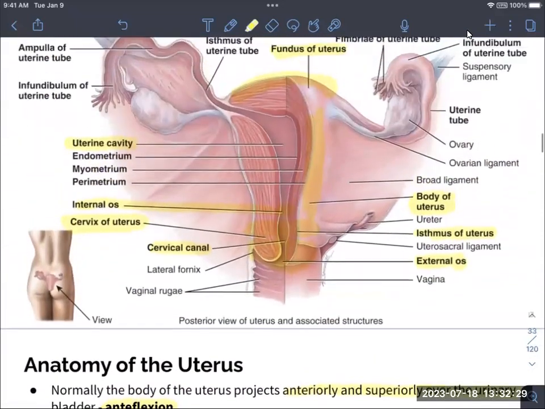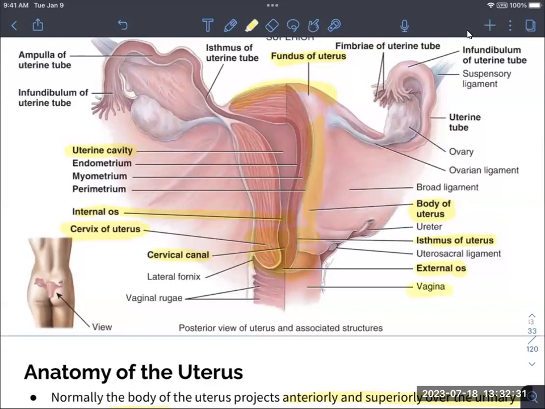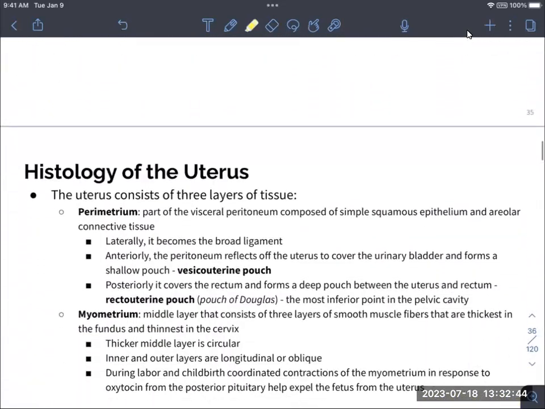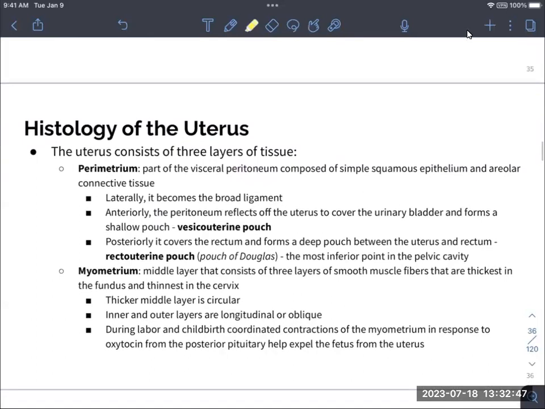So we come back up to this picture here. The vagina is this tube that sits underneath the uterus. The uterus is going to have different layers to it, just like everything else does. Metrium means the uterus. So perimetrium, that's part of that visceral peritoneum.